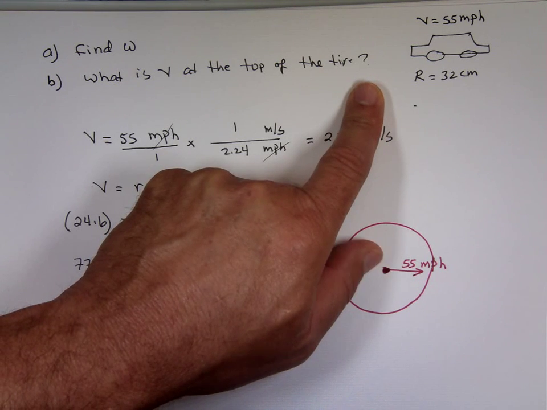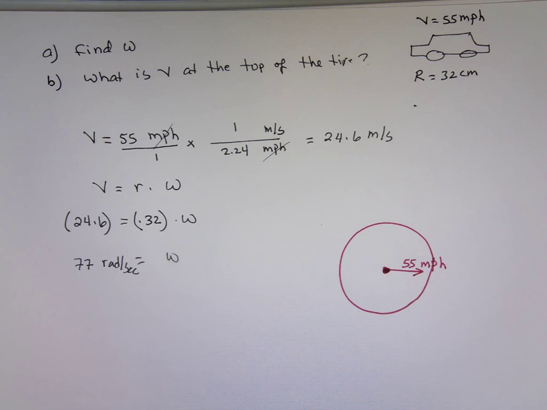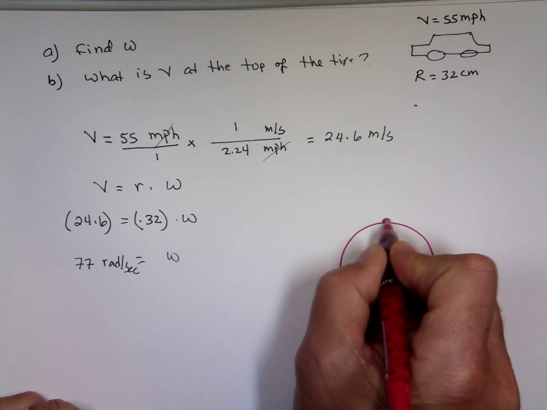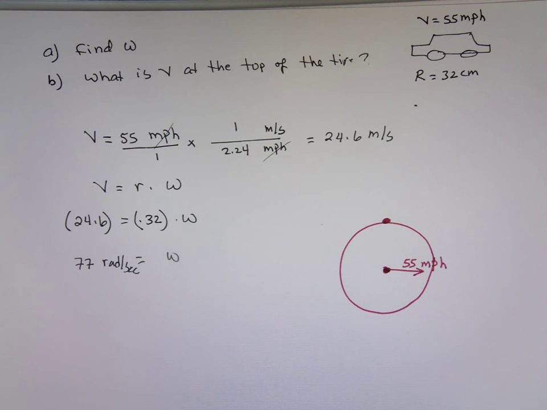The question is, what is the speed or the velocity up there, the linear velocity at the top there? What's that velocity at a point up there?